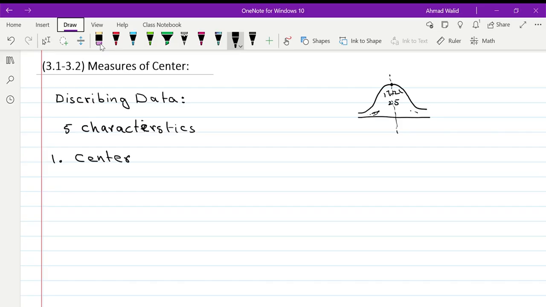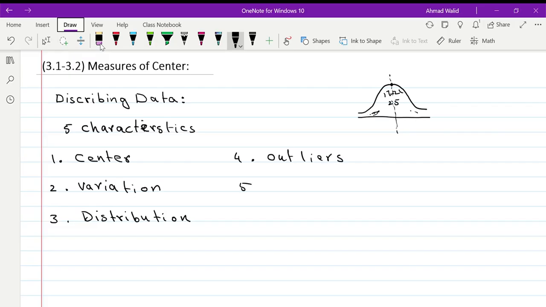Number 2 is variation. Number 3 is distribution. Number 4, outliers. Number 5, change over time.